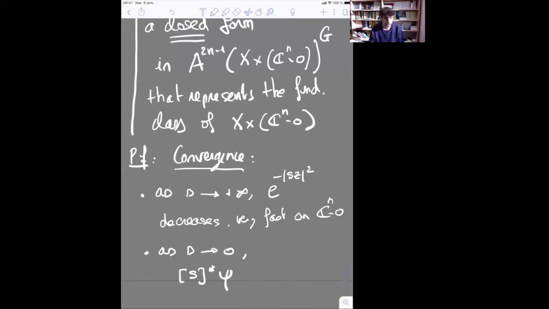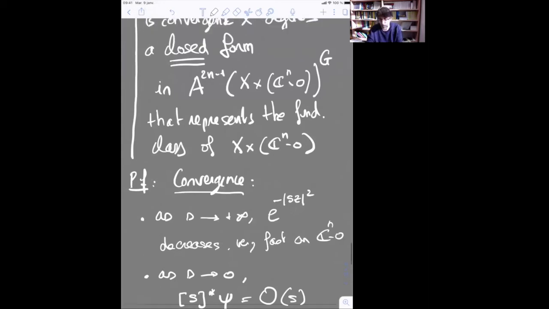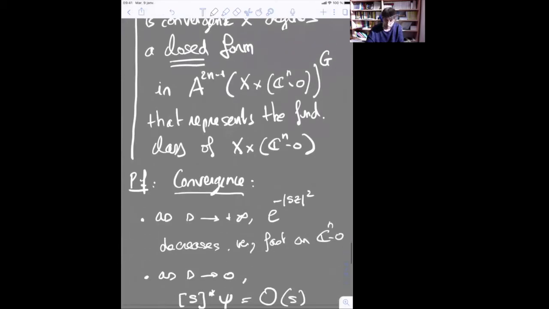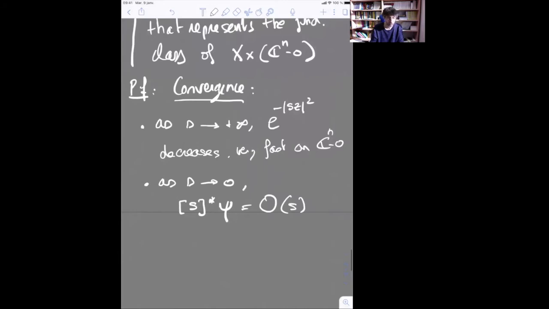So there are factors depending on the fibers, and when you multiply by s, they give you some s factor here, meaning that the form tends to 0 when s tends to 0. So the integral we are considering here is convergent also at s equals 0. So the form is well defined.